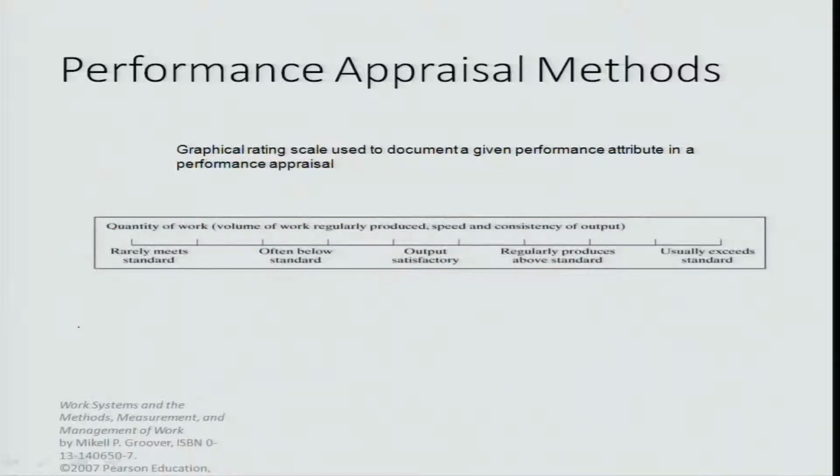Then there are other appraisal methods like graphical rating scales, which is listed for the same parameters as before, just as in a checklist mode you saw, in a little different manner.